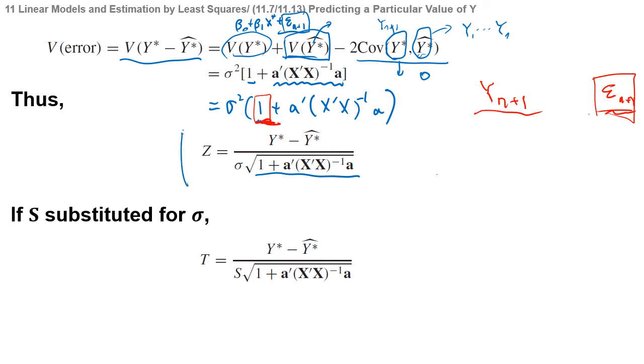So the related normal distribution would be this one, and if S is substituted for sigma, you are going to have a T distribution like this.